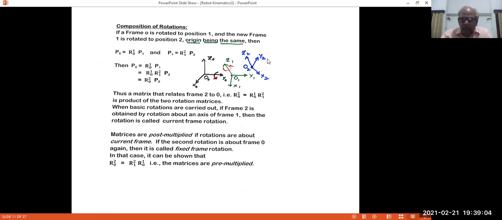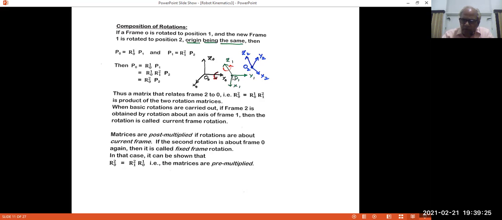Well, there's a relation between frame 2 and frame 0 directly, which we can write as R20. And that R20 happens to be equal to R10 multiplied by R21. We post multiply because we are rotating about the current frames.